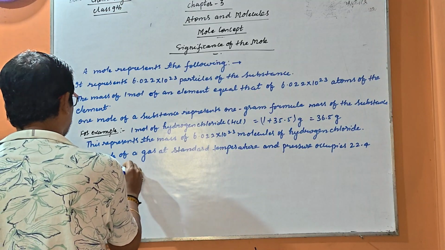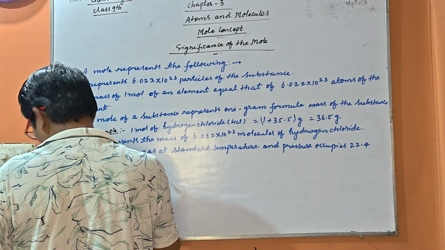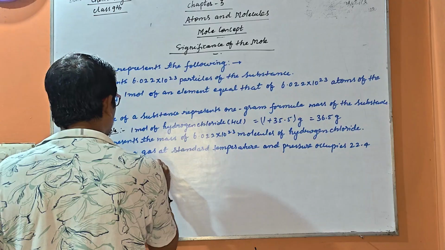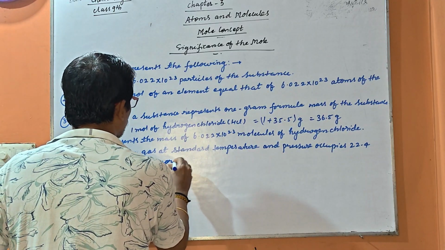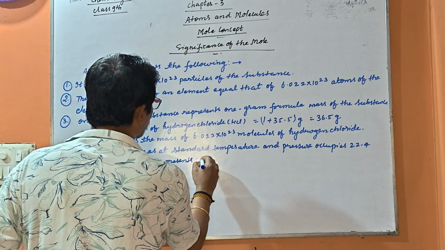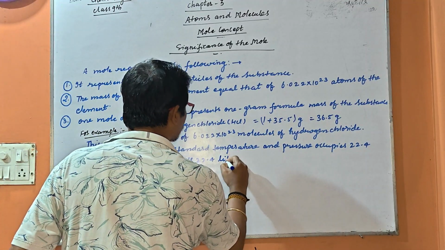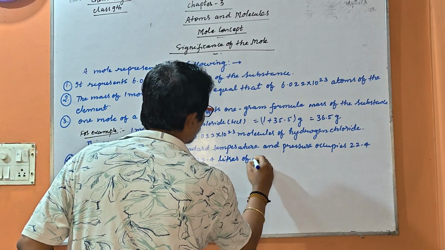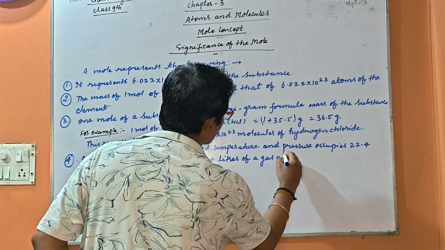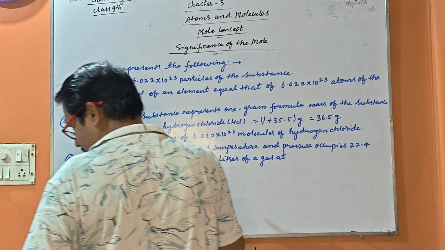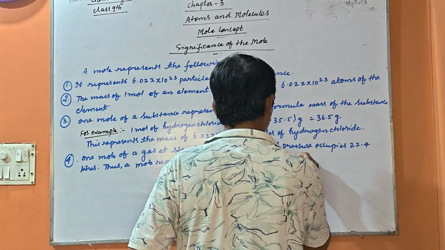Thus a mole represents 22.4 liters of a gas at STP.